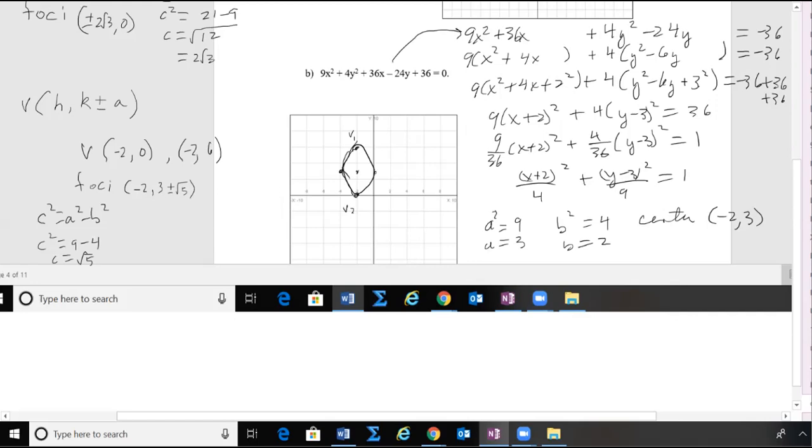I usually don't like to do that. It's simpler to just work with the dimensions, knowing that a represents half of that major axis, starting at the center, and you just work your way up or down to get those vertices. But you could also do it like this. Notice in this case, k was 3, and if you subtract 3, you get 0. If you add 3, you get 6. But I usually don't do that. Okay, so we got everything calculated on that one. It's all set.